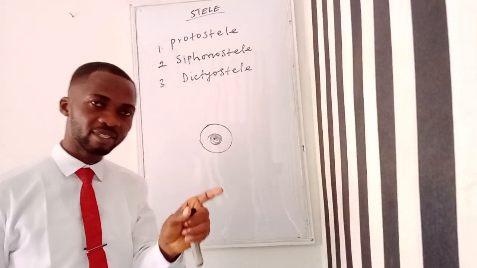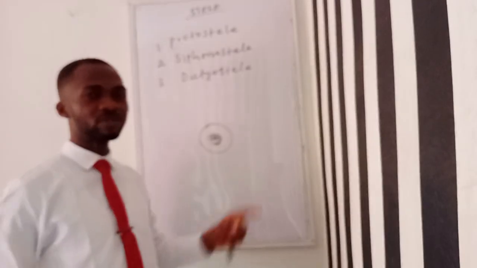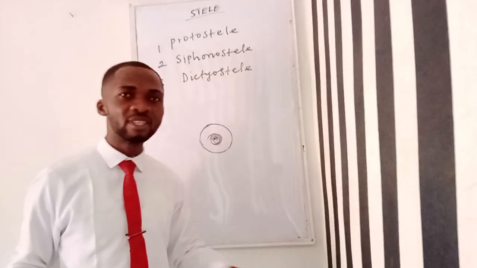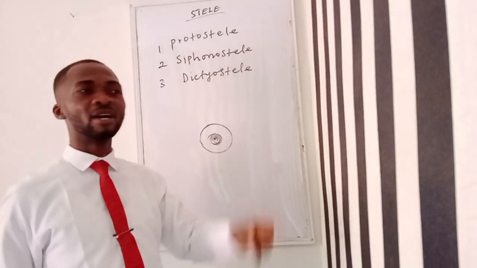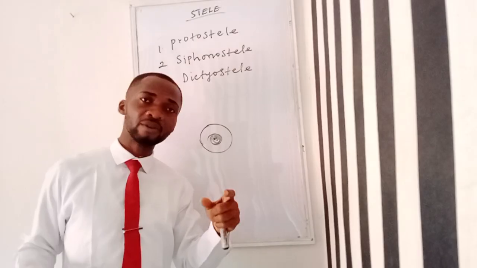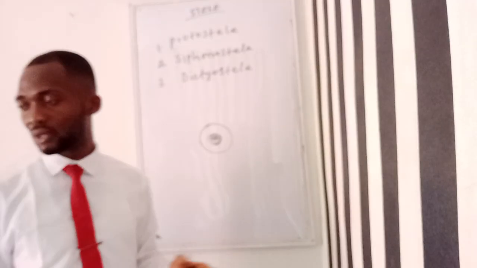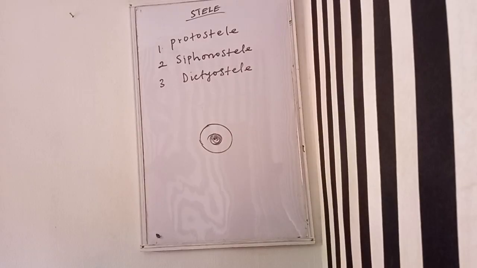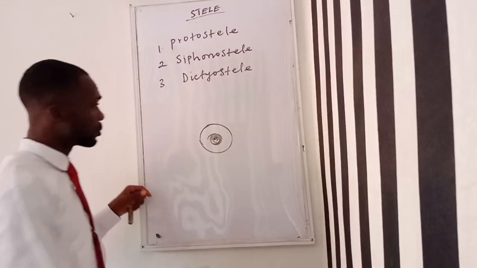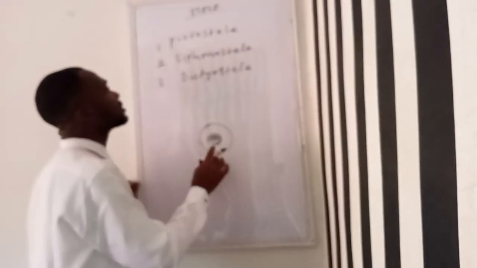Normally it is the pith that forms the central column, but since there is no pith, the xylem forms the central column with a ring of phloem surrounding it.